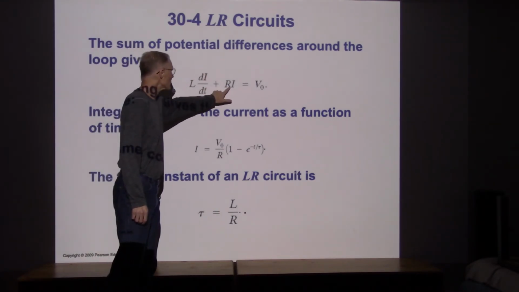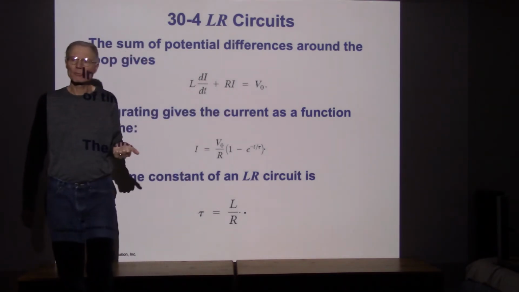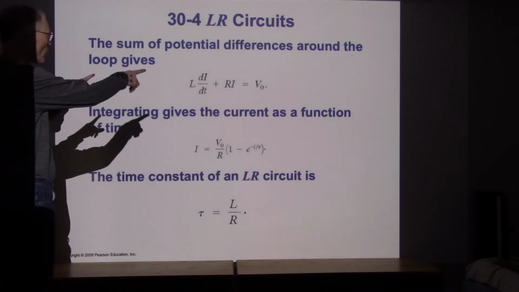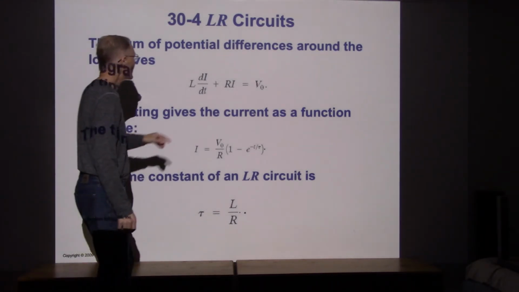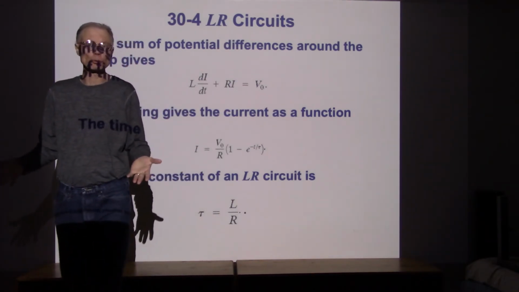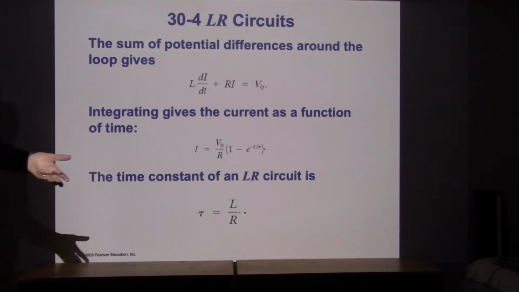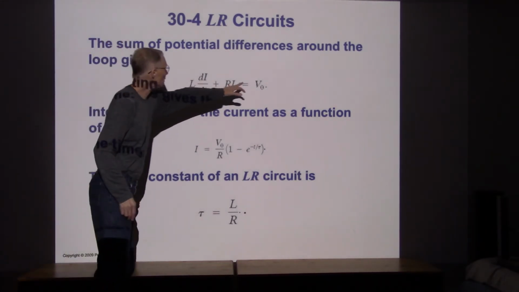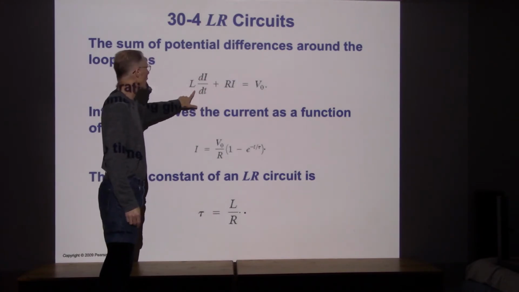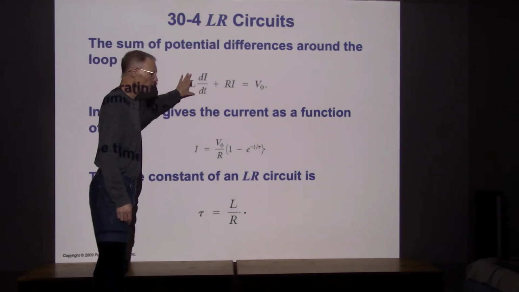They have R times I, well, that's the voltage across a resistor. So what that first equation is saying is that I have a battery. The battery is providing a voltage boost coming into the circuit, and that voltage boost is going to be equal to two voltage drops.